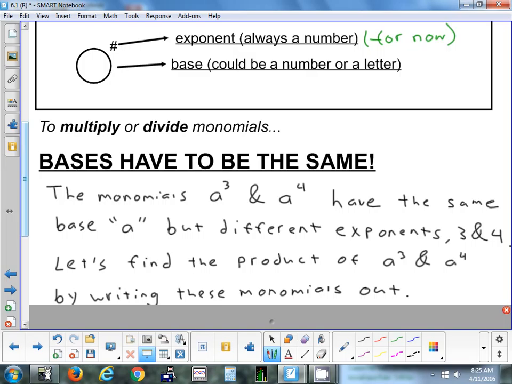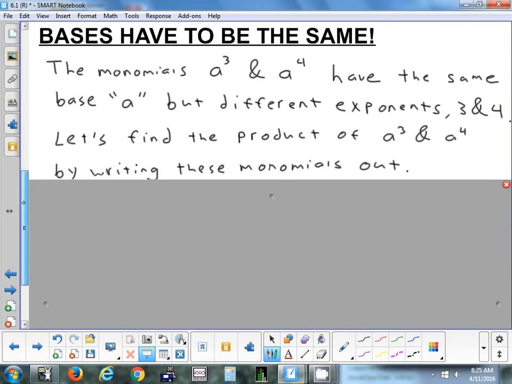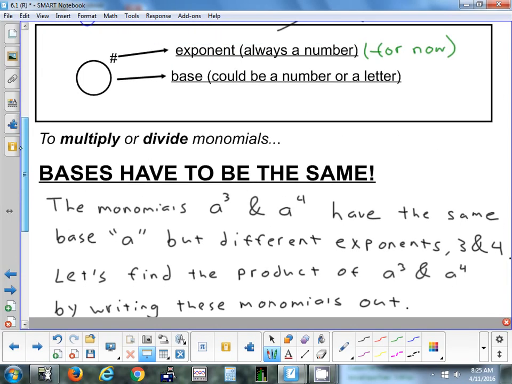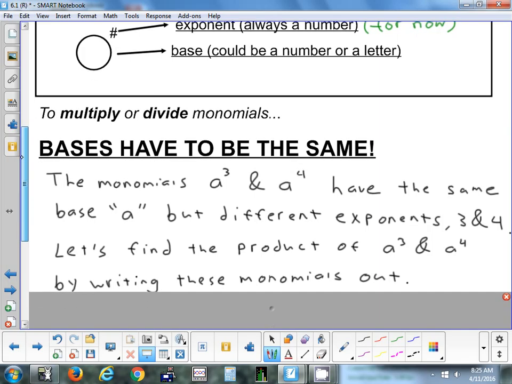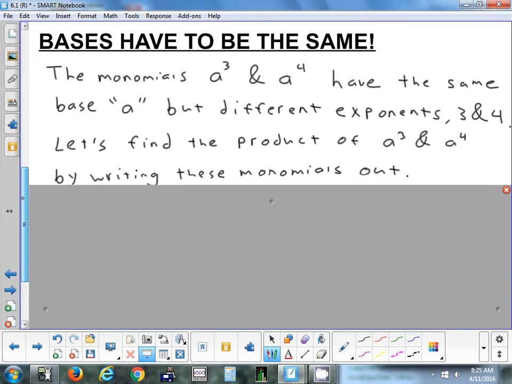Right, so I think from the warm-up, you guys already know. Wait, can you go back up for a second? Yep. Hey guys, all you really need to write down right now is, as long as you filled in the little diagram, and then it says anything to multiply or divide monomials, you're just going to put bases have to be the same. We haven't got to that next thing to multiply powers.